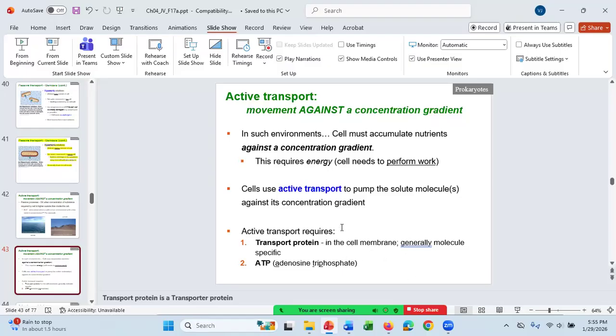So we have some drugs that do, but generally beyond those drugs, an active transport protein only moves one molecule against its concentration gradient and through a cell membrane, by the way. All right, any questions about active transport proteins and active transport in general?